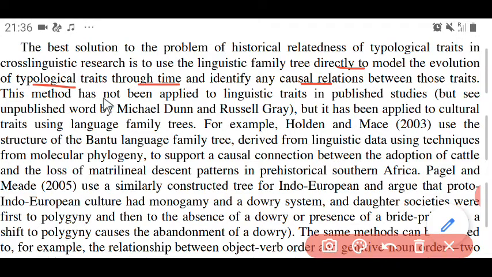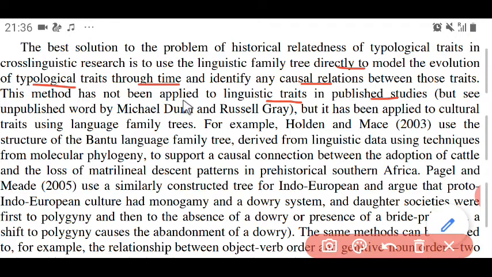This method has not been applied to linguistic traits in published studies, but see unpublished work by Michel Dunn and Russell Gray.